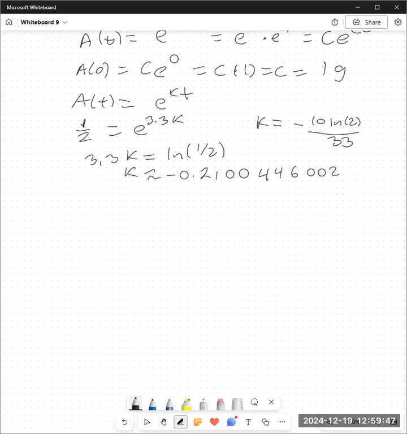I'm sorry, hours, not years, hours. So we're going to have A of t is equal to e to the negative 0.21004460002t. We want to find out how long t is for the amount to be 1/10.